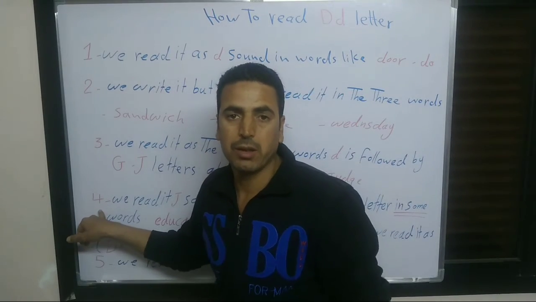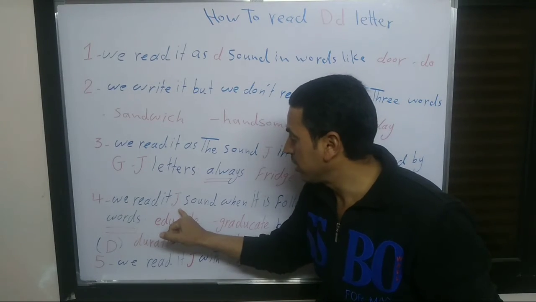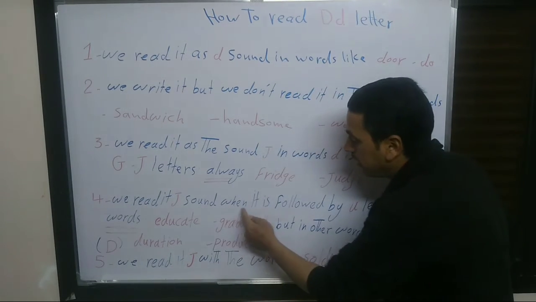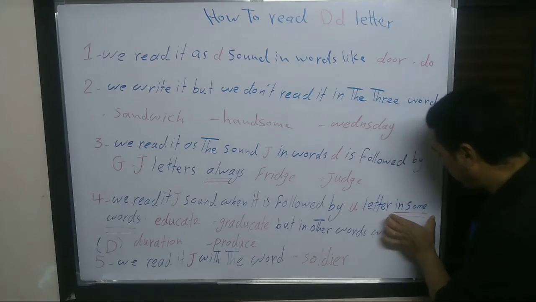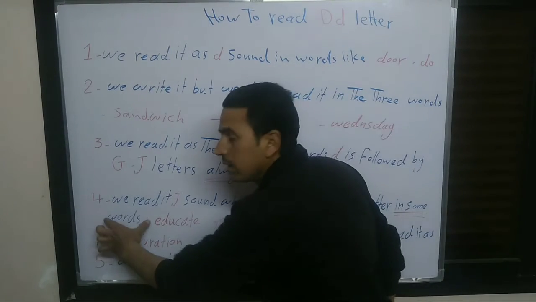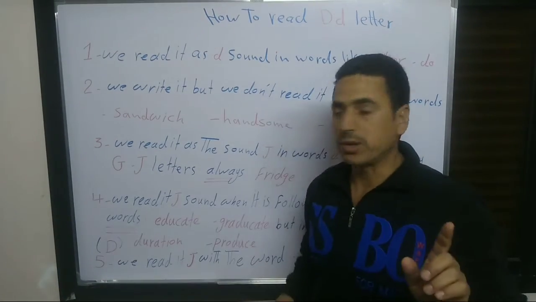The fourth rule says we read it as the J sound when it is followed by the letter U in some words. In some words, not all words.